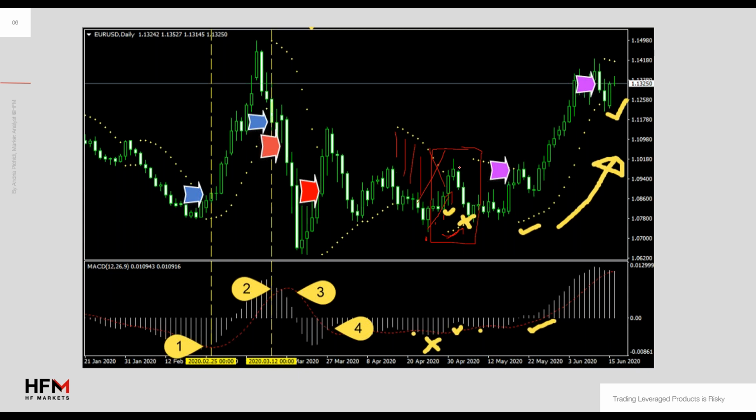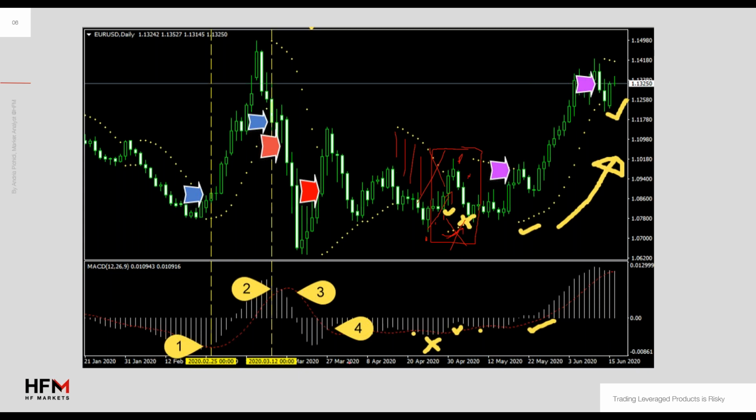Also here, it was down, but instead we could see the parabolic SAR being below the price. Again, misleading. For a bearish market, for a sell-off, and since the candles were pushing the price lower and lower, the parabolic SAR should have been here, above the price, not below the price.